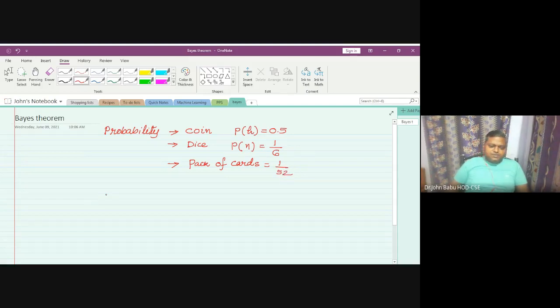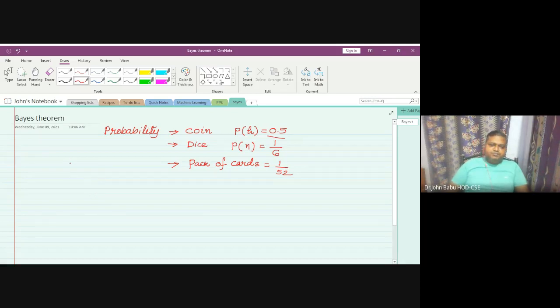So listen carefully. These are all fixed probabilities. This is always 0.5. It will not change at all. But the probabilities in all the cases may not be fixed.